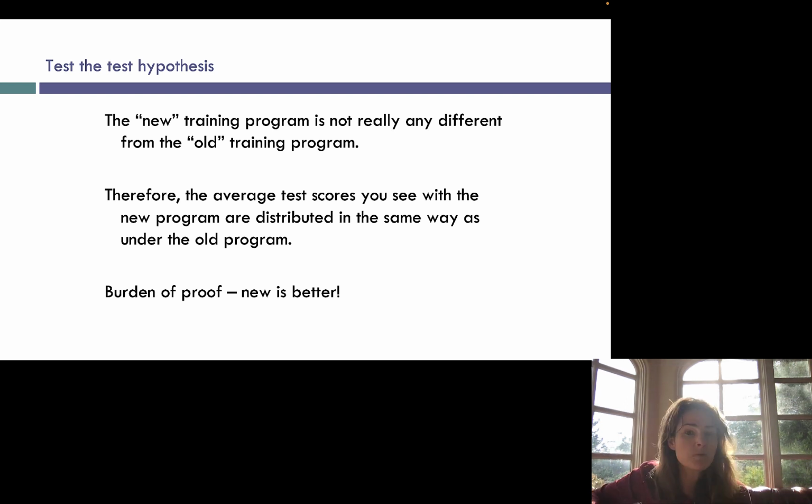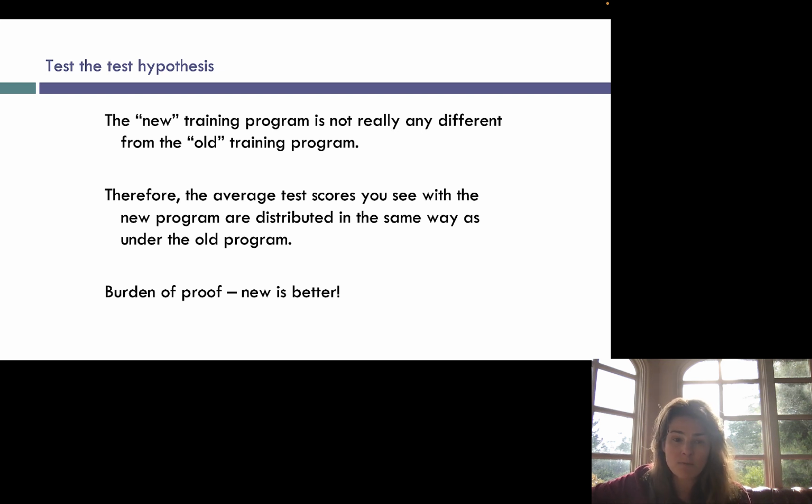Formally, so you've been doing this. We've essentially done this with several problems in class and in the inference labs that we've worked through. So you've seen this informally, but we typically put some kind of formal language on this. So we're going to test the hypothesis that the new training program is not really any different from the old training program.